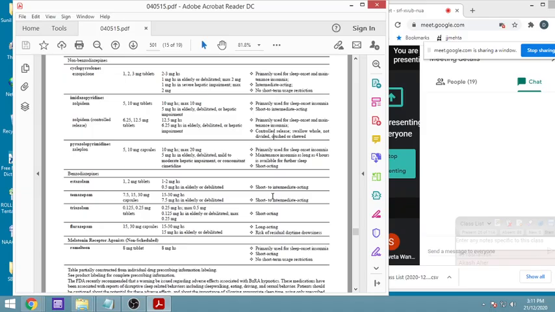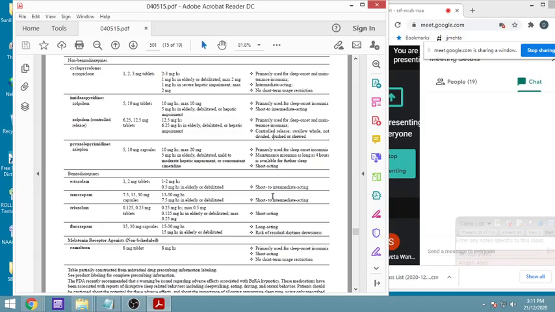Then benzodiazepines. Nowadays other benzodiazepines which were earlier prominently used are comparatively less used. The benzodiazepines which are more preferred are like estazolam. It is a 1 to 2 milligram tablet. It is short to intermediate action.